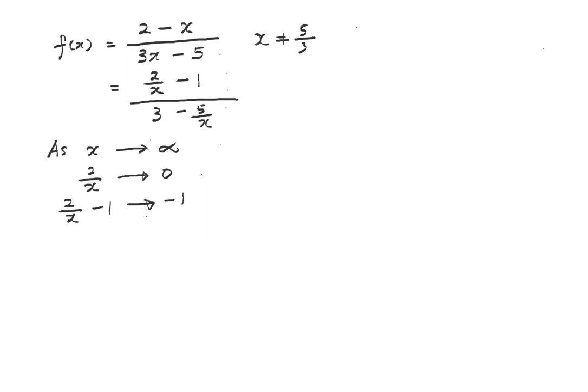What happened to my 5 over x? Approaches 0. So I'm taking term by term, you see. Then what will happen to my expression 3 minus 5 over x? Approaches 3. So as a whole, my f(x) will approach negative 1 over 3. So this is the horizontal asymptote.